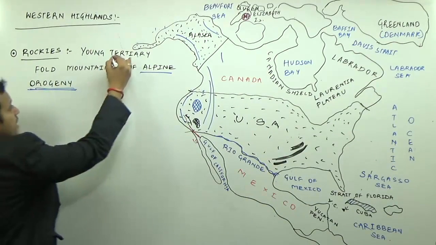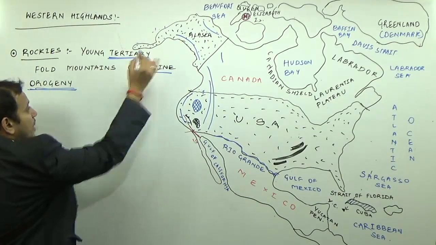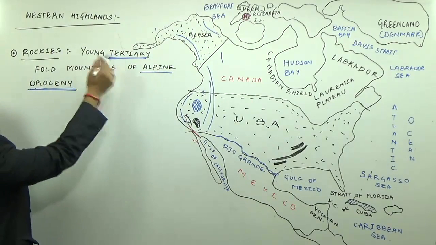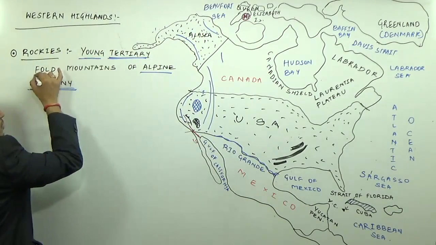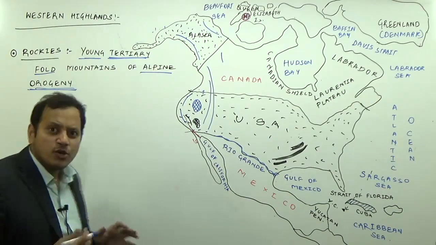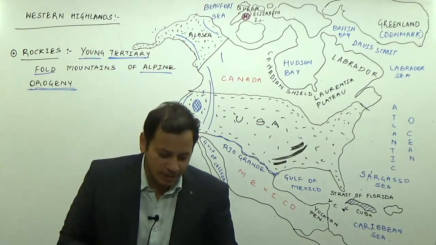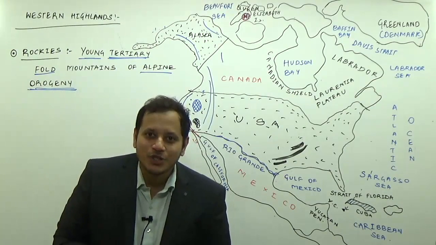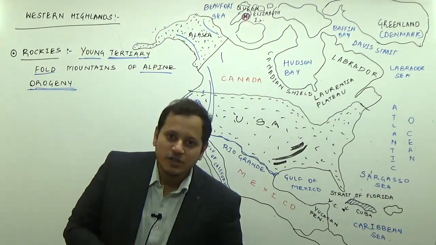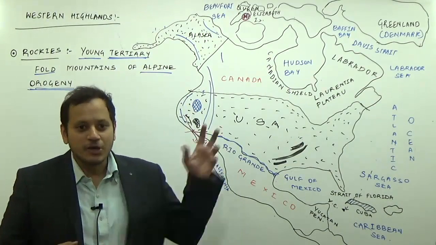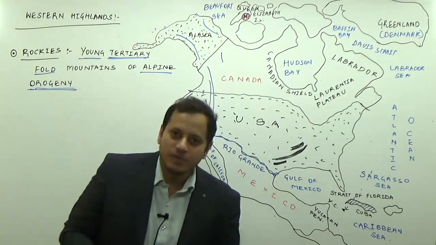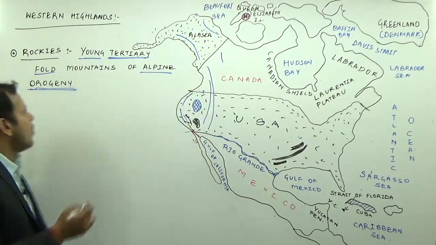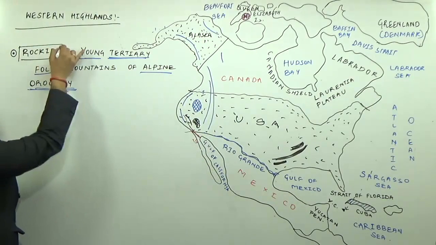So the tertiary age means the recent age, and the mountains which are formed in the tertiary age are young fold mountains and this kind of origin is known as alpine origin. I want to ask you the question, what are the other mountains of the alpine origin? Rockies are the young fold mountains of alpine origin. What are the other fold mountains of the alpine origin?